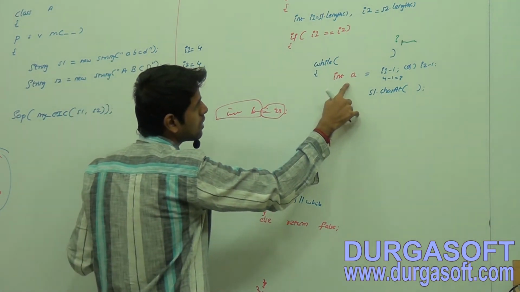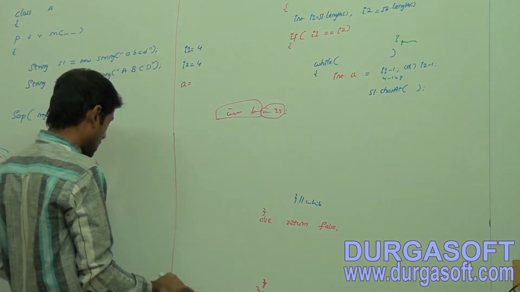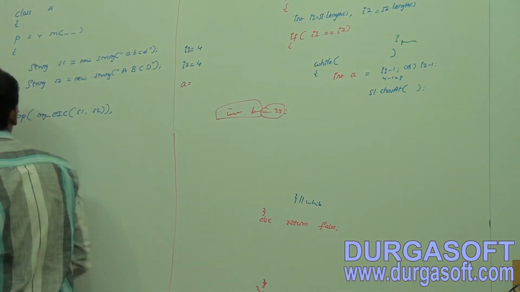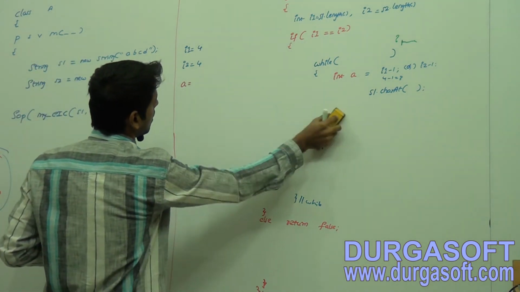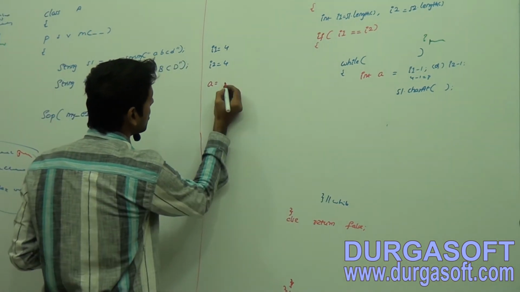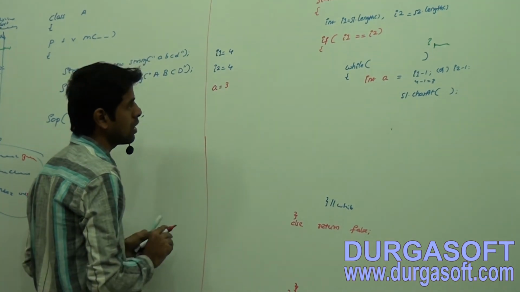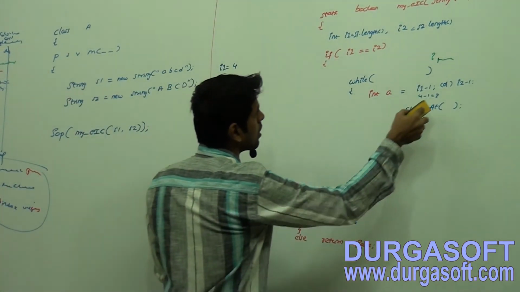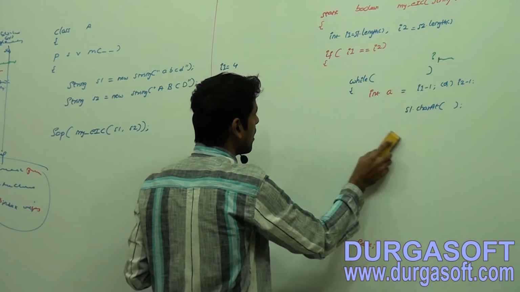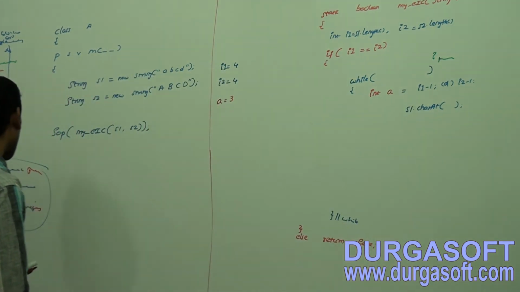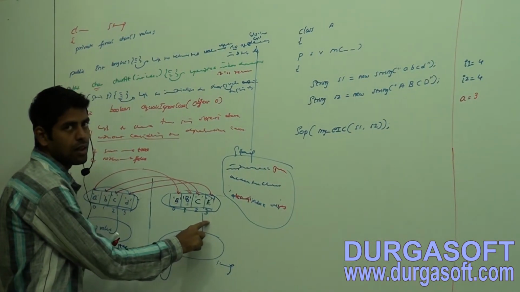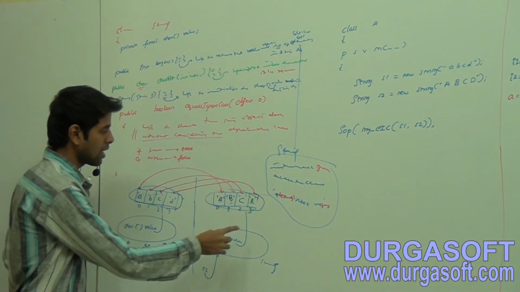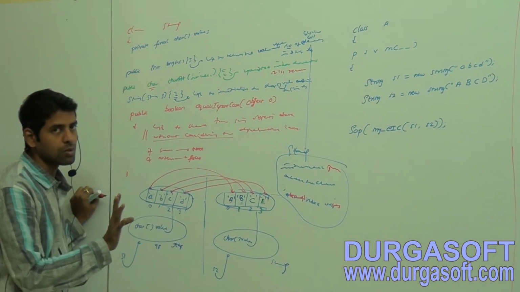I am declaring here and initializing it here itself. Now a variable value is 3 in memory. Is a having the last index or not? Yes, here also 3, here also 3. Yes, we are safe now.